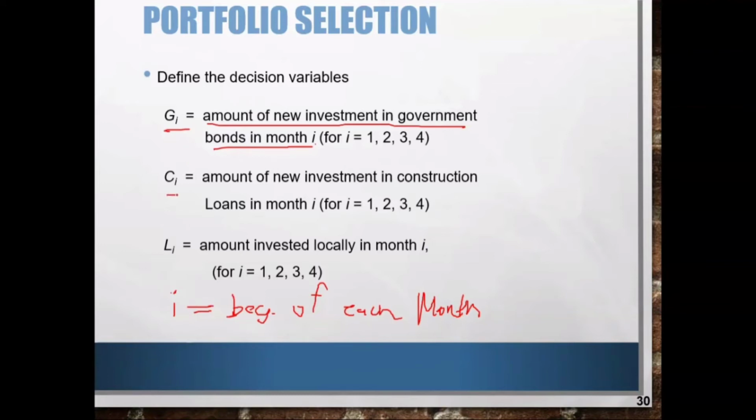We have C sub I, the amount of new investment in construction loans in month I, and L sub I, the amount invested locally in month I. This is the local investment.